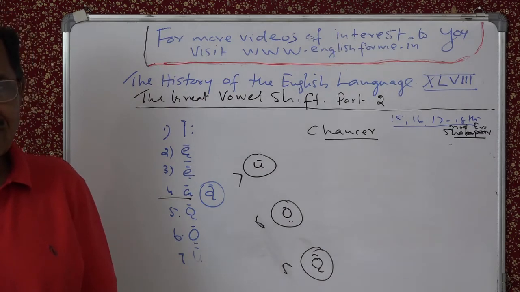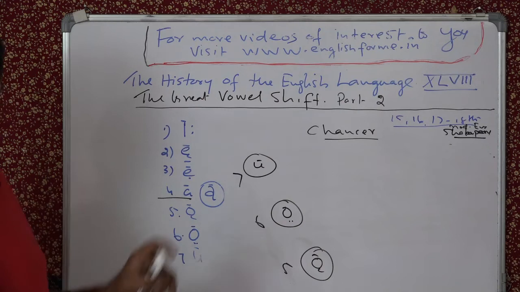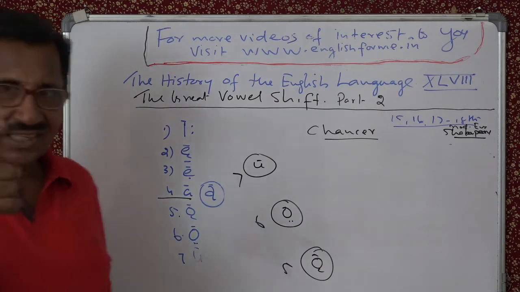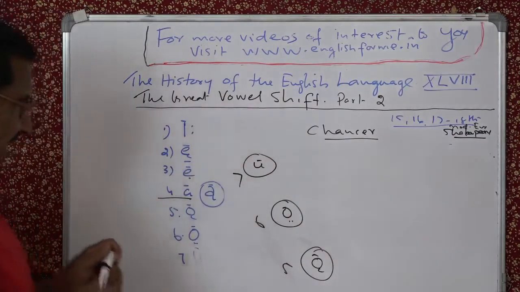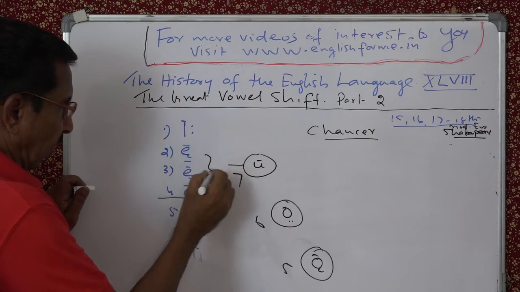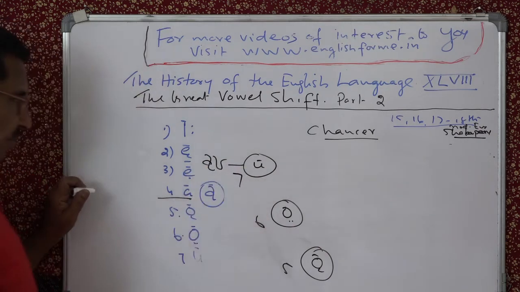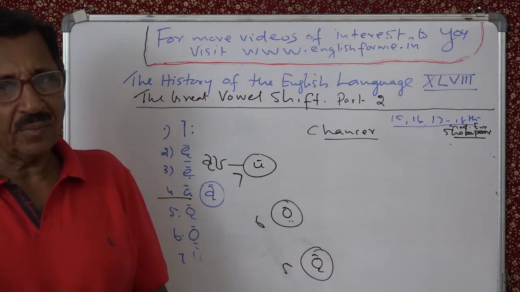Now what happened? As it happened to the first vowel, the 7th vowel was the reason: elevation of the tongue and closing of the mouth. Then the 7th vowel became a diphthong. Ow. Ow. Naturally what will happen?